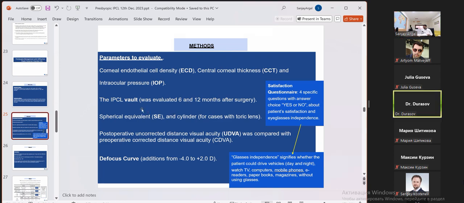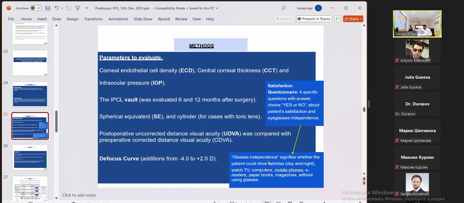Regular checkup of the vault. And the uncorrected distance visual acuity and the corrected visual acuity.